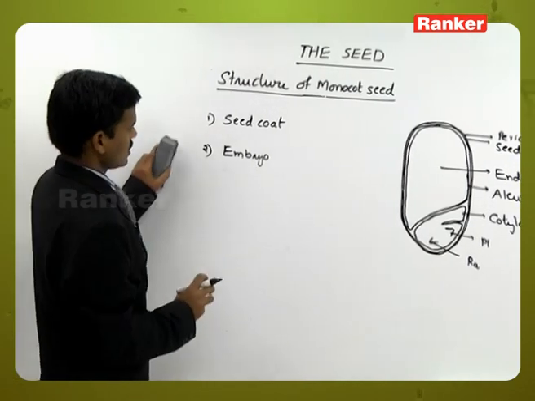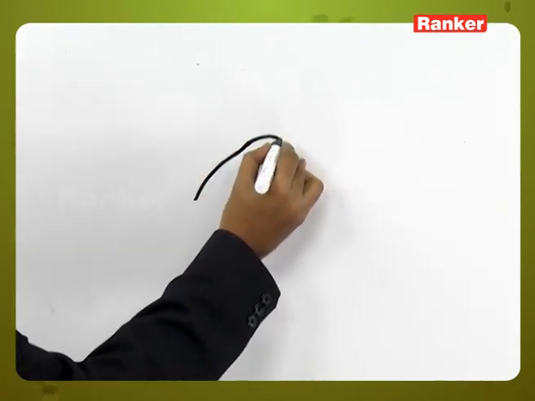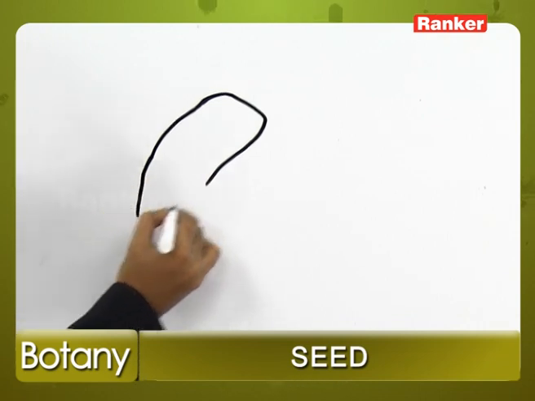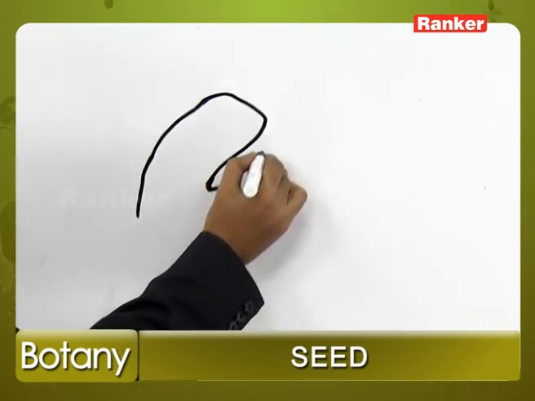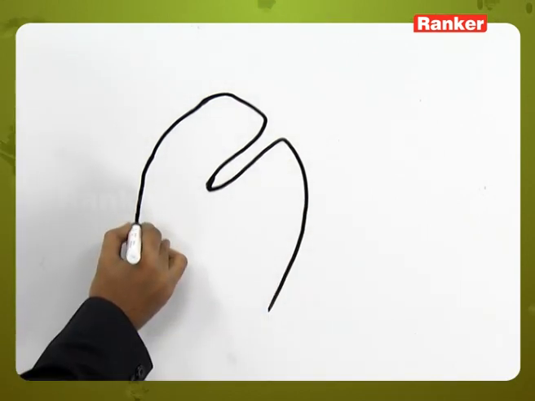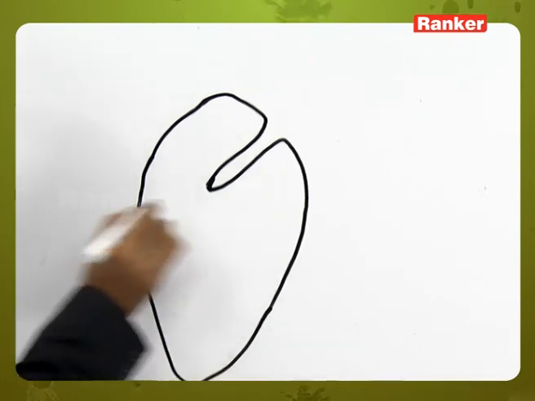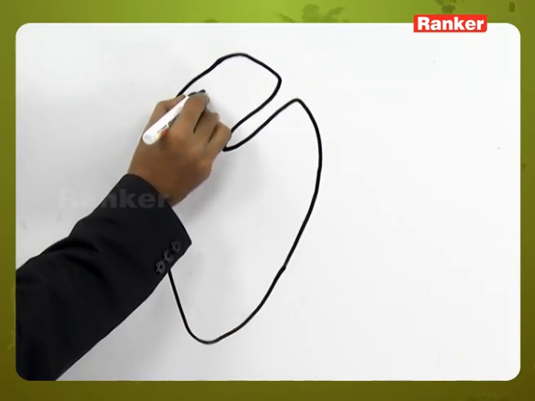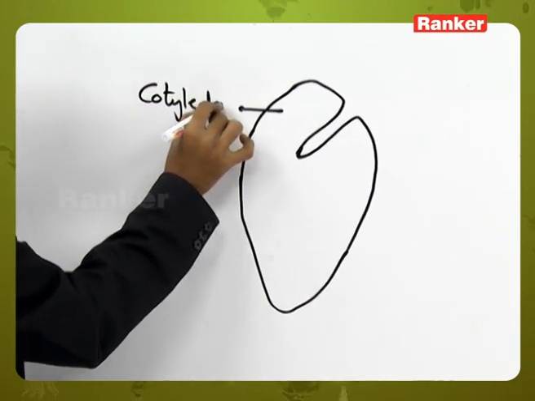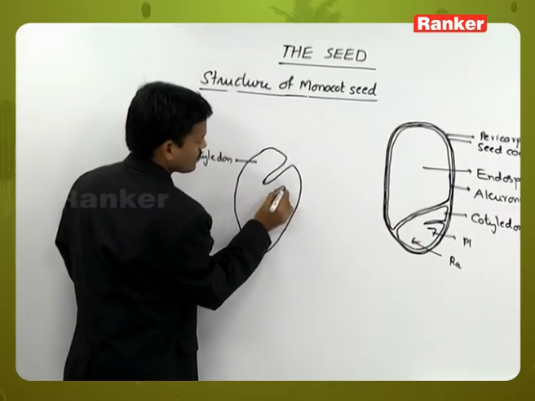If we observe clearly, here is the cotyledon called the scutellum, and here is the plumule.